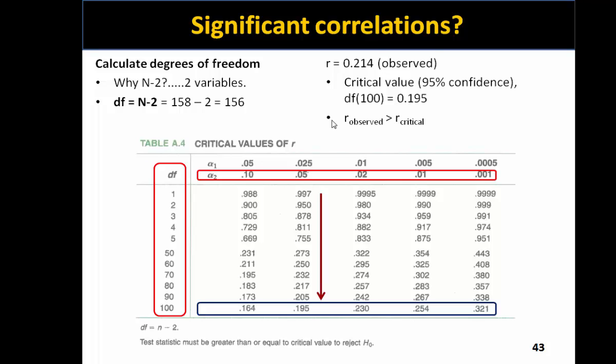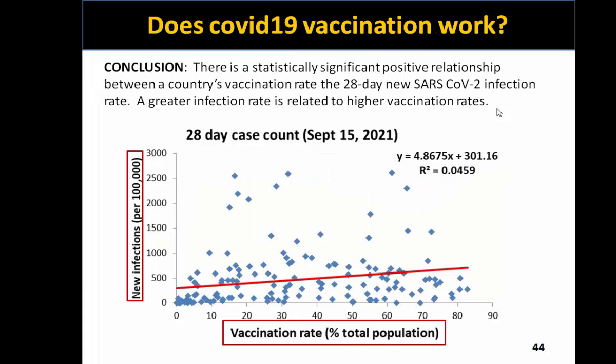And because our observed value is greater than the critical value, at least at a degrees of freedom at 100, because we know that this value is going to continue decreasing, then we would conclude that there is a statistically significant relationship between a country's vaccination rate and the number of new COVID-19 reported infections in the 28-day period prior to September 15th.